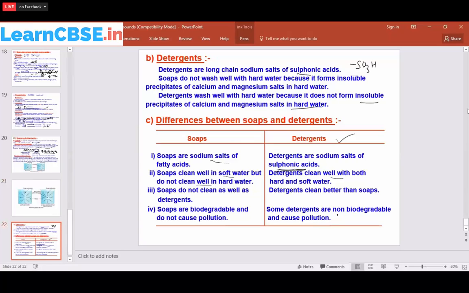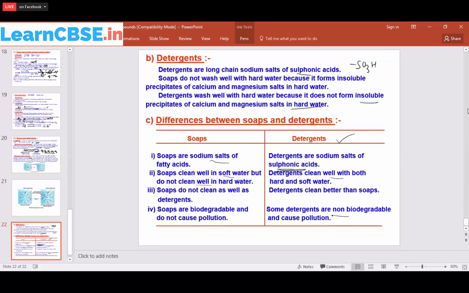Some detergents are non-biodegradable. What does biodegradable mean? Biodegradable means it undergoes degradation. For example, microorganisms, either bacteria or fungi, can easily decompose the particular compound; that we call biodegradable.